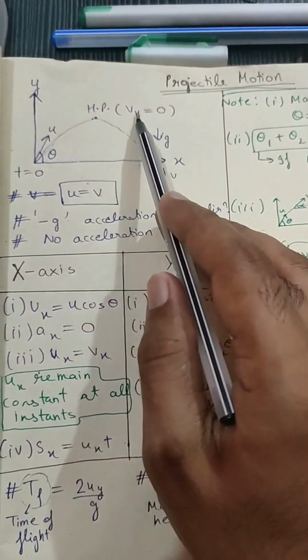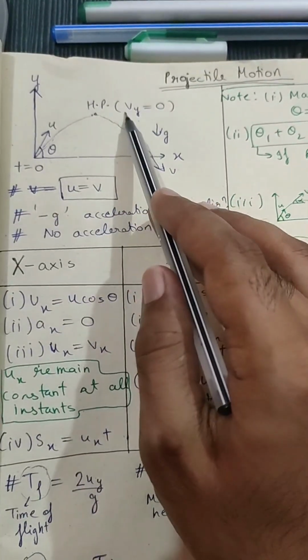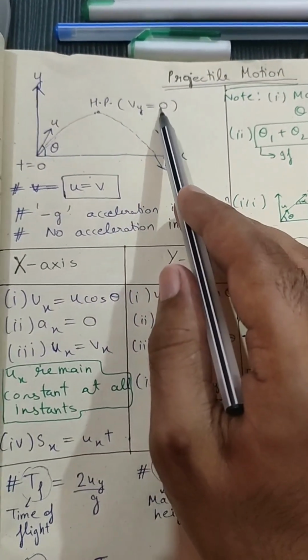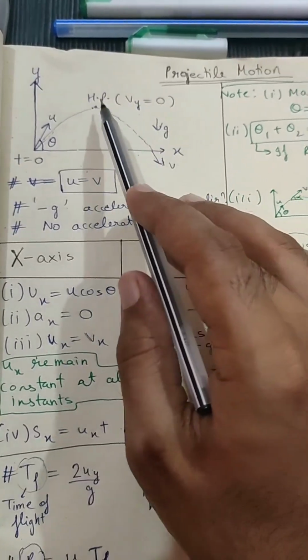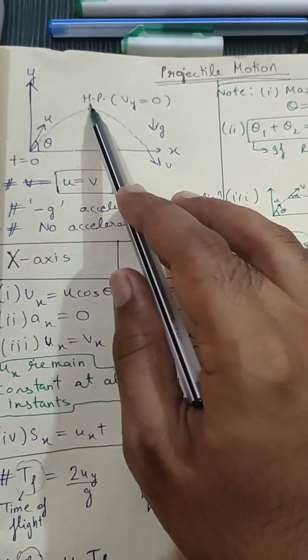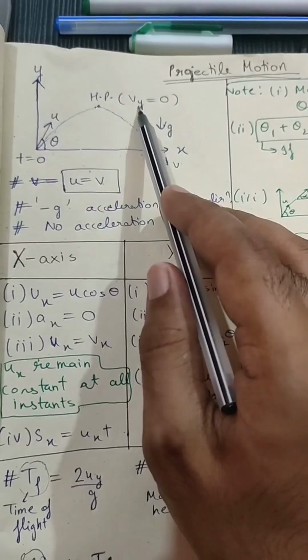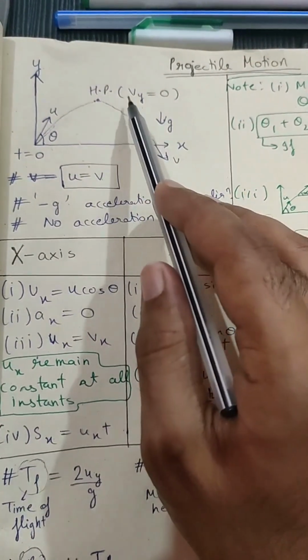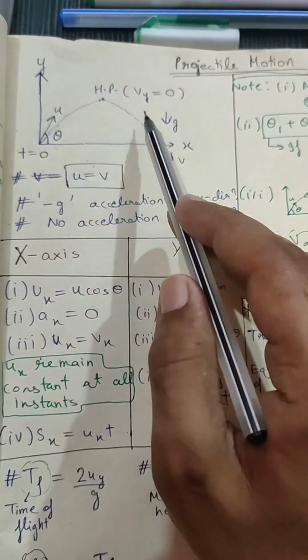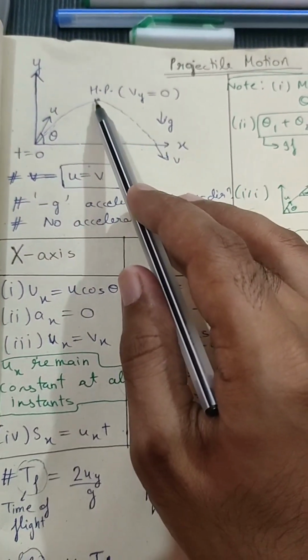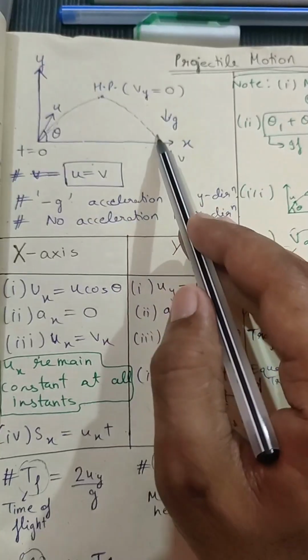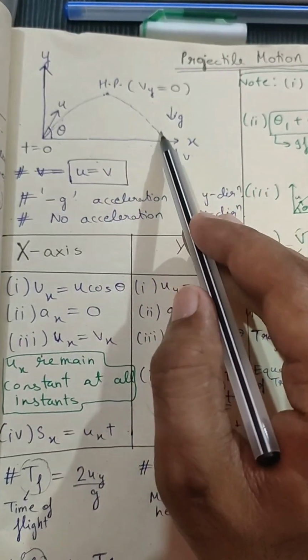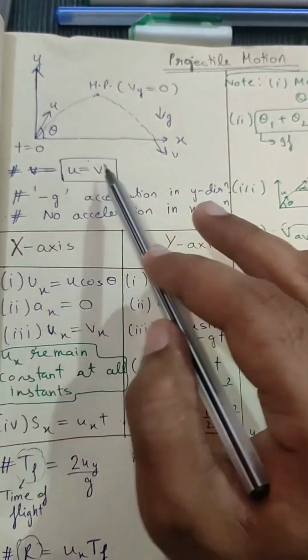There is a point when the y component of the velocity becomes 0, and at that point we reach the highest point. Since the acceleration is still applying, the y velocity then becomes negative, and the moment it becomes negative, the direction of the velocity becomes downward. So this is the complete motion.